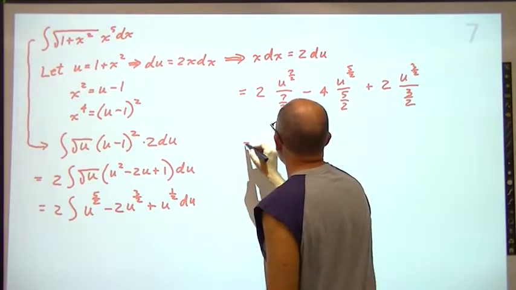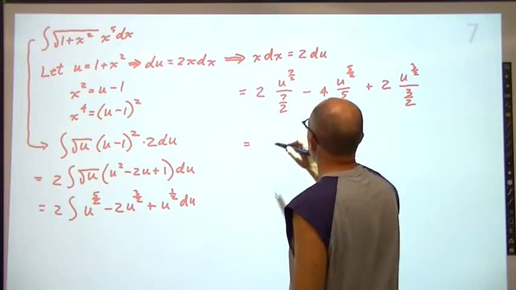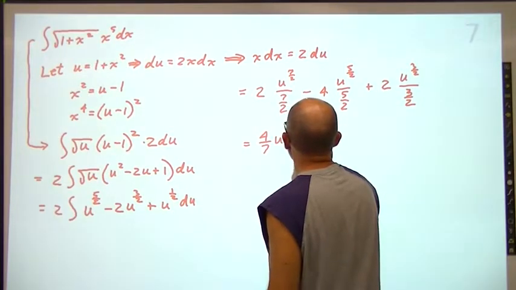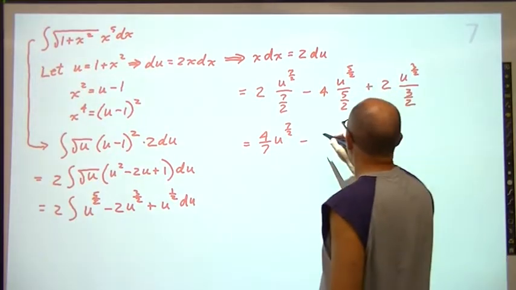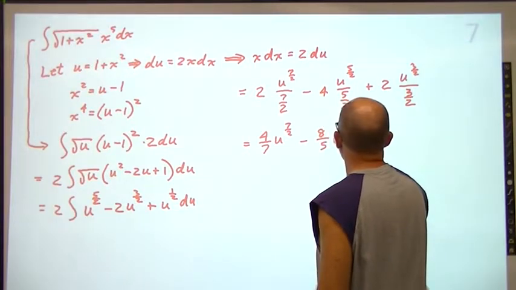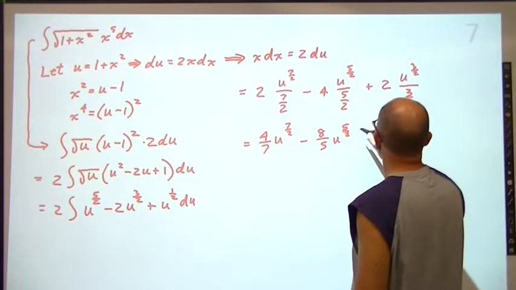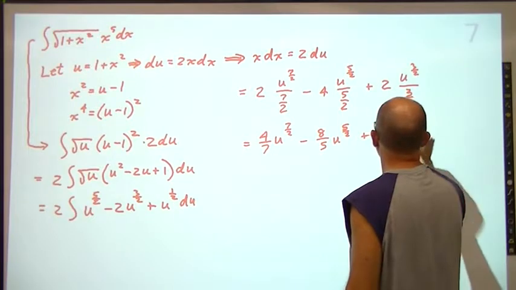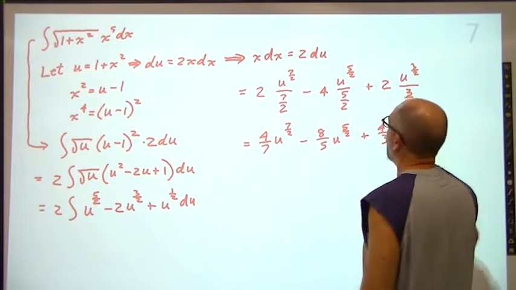So this equals 2 times 2/7, which is 4/7 u to the 7/2, minus 4 times 2/5, which is 8/5 u to the 5/2, and 2 times 2/3 is 4/3 u to the 3/2.